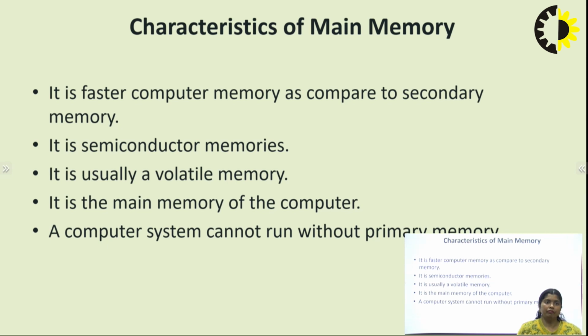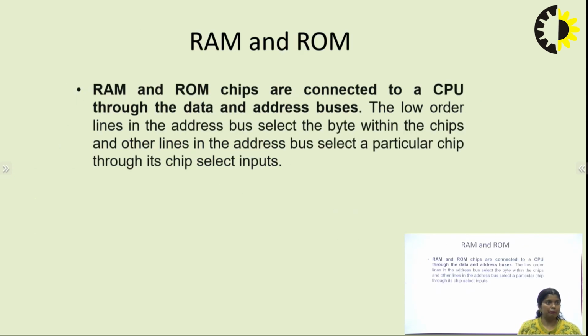Main memory is a volatile memory, and it is the main part of the memory. It is the primary memory, with RAM and ROM: random access memory and read-only memory. Why is random access memory called RAM? Because of its accessing method: any data or information can be stored in this RAM randomly and accessed randomly.